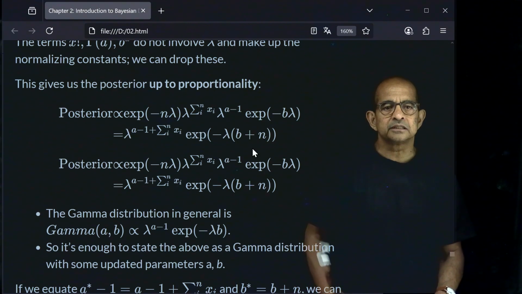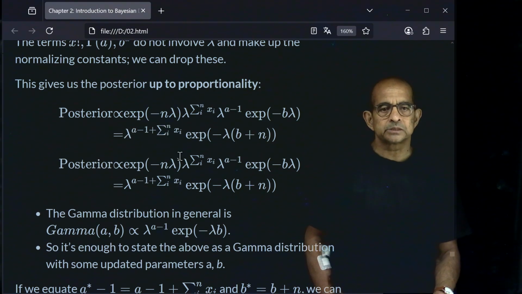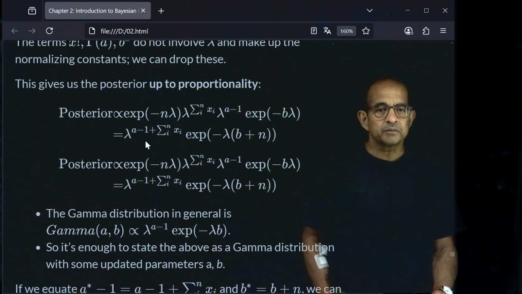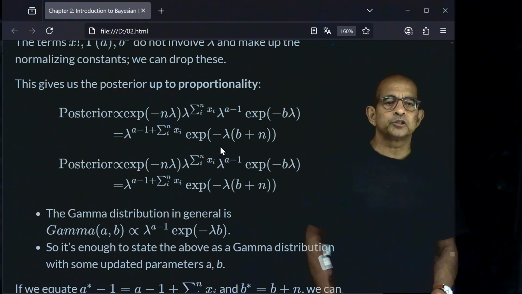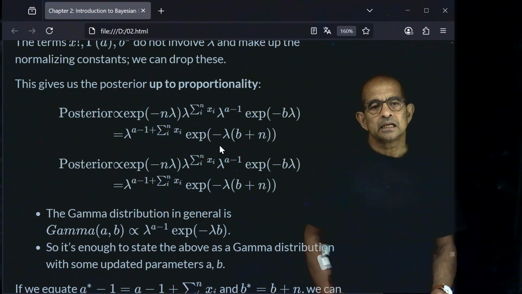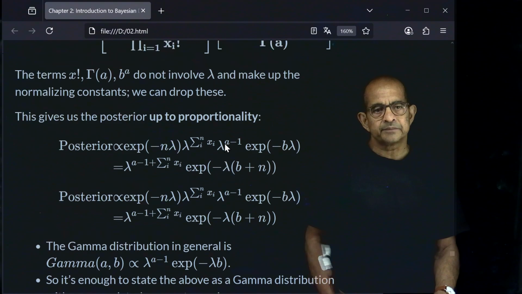Remember that the kernel of the gamma distribution involves a lambda term with some exponent minus 1, and then the exponential term contains, if you go back to the gamma distribution, minus lambda b, right?